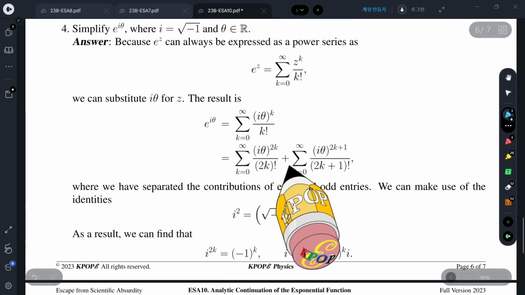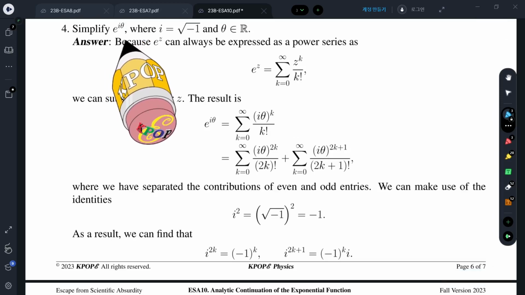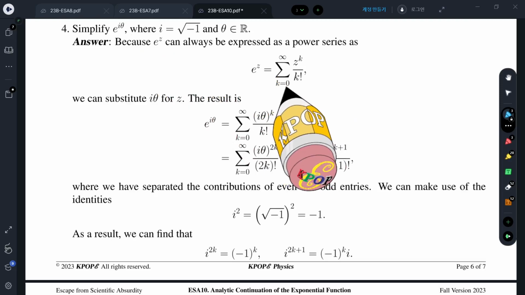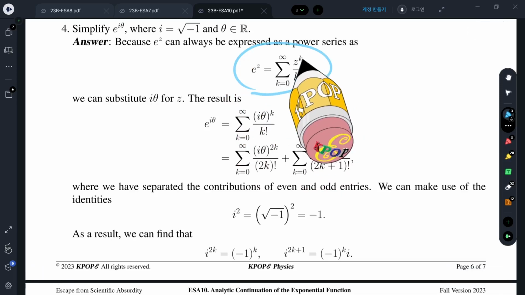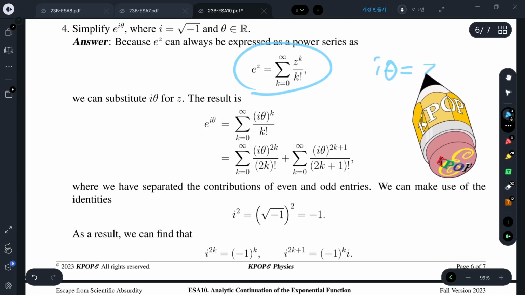So simplify exponential i theta. We know exponential i theta can be computed by making use of this power series expansion. We have shown that this is identical to each other. Why don't we substitute i theta for z?